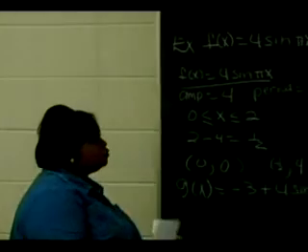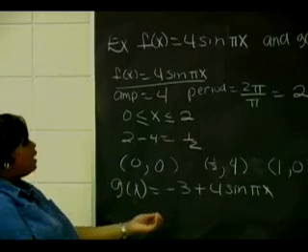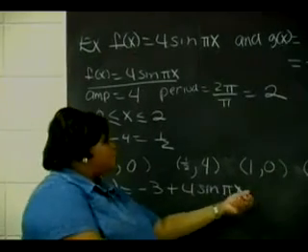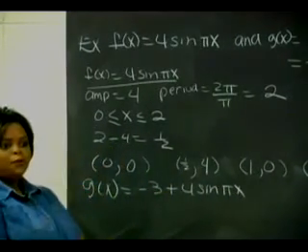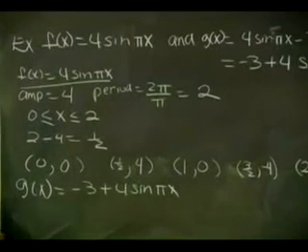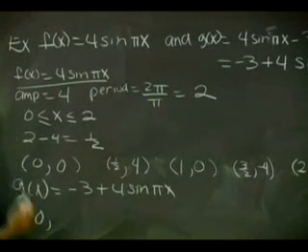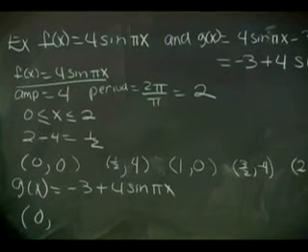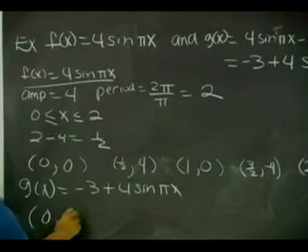Period is 2 pi over b. B is the same both times, so my period is the same. I don't have that bx minus c. I start with the same 0 and go to 2. What changes? The y coordinates change. And the y coordinates change by what? 3 units down, which means I can do what to each of these y coordinates? Subtract 3.